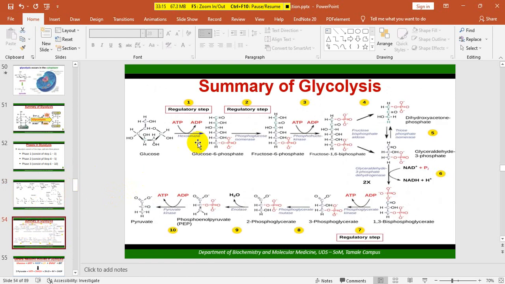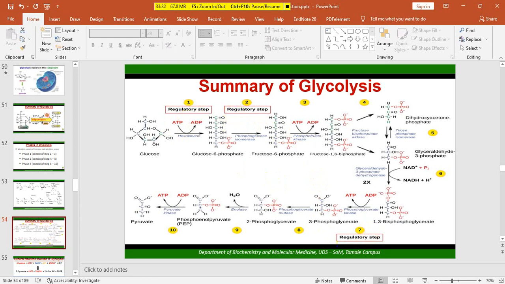So we have the regulatory step. The regulatory step is the same as what? Okay, so the regulatory step is a committed step. It has 3 regulatory steps: 1, 2, 3.